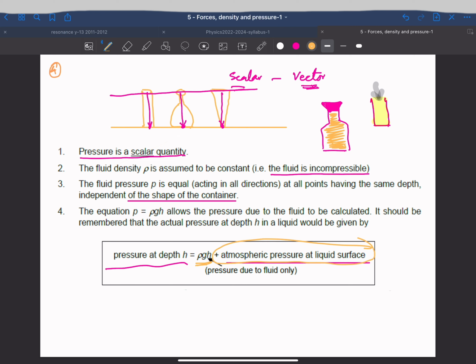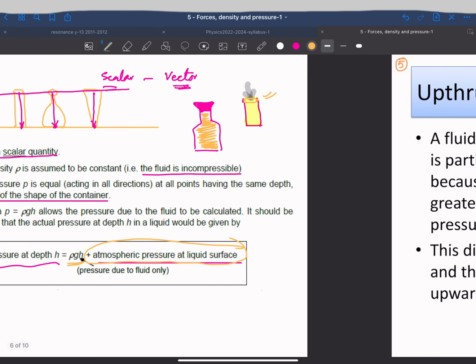Atmospheric pressure will be active only when the container is open like this. So this is what we have as far as the pressure is concerned.